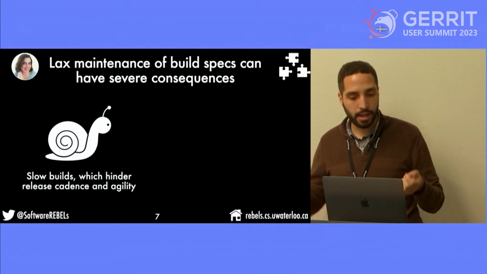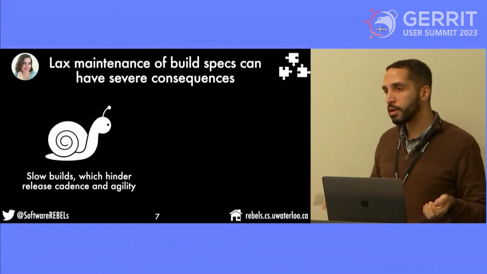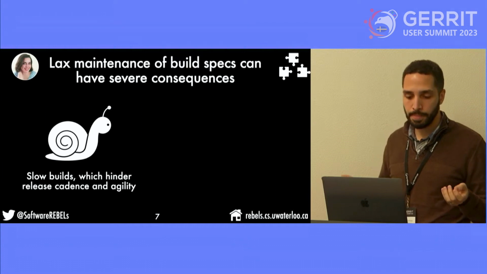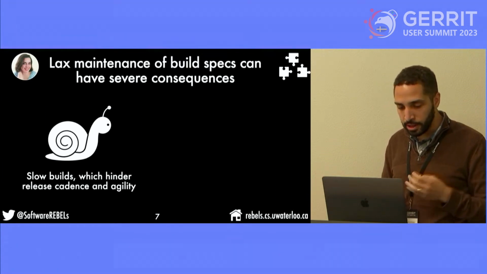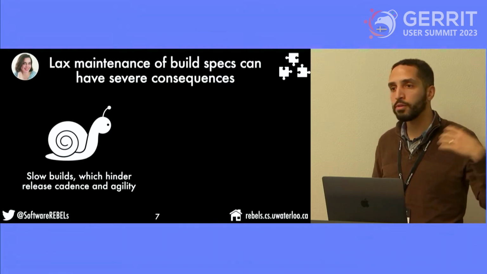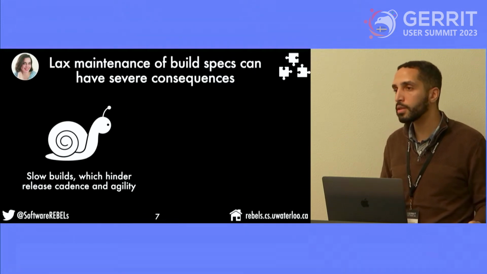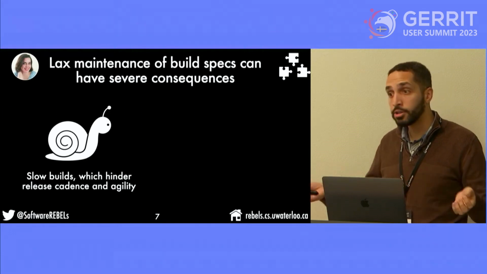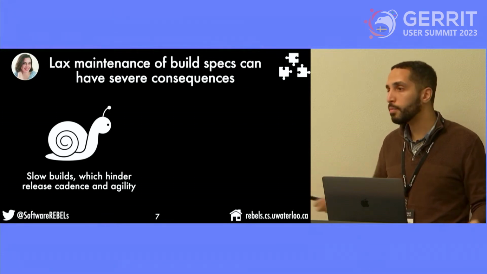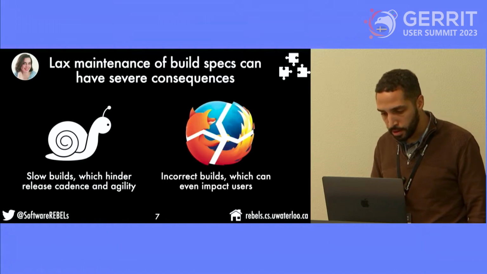So they're slacking off. But slow builds in general have a problem. It's not developers slacking off, believe it or not. It hinders release cadence, right? So if your builds are slow, you can't produce releases as fast, and it makes your organization less agile, right? You just can't keep up.